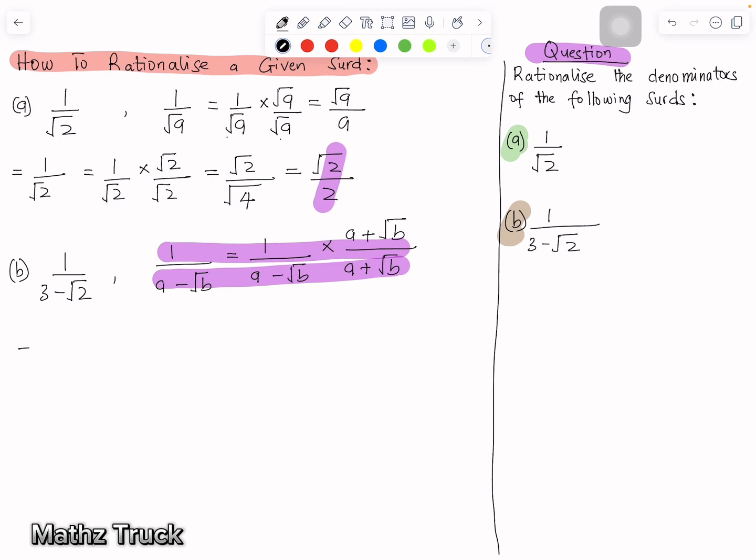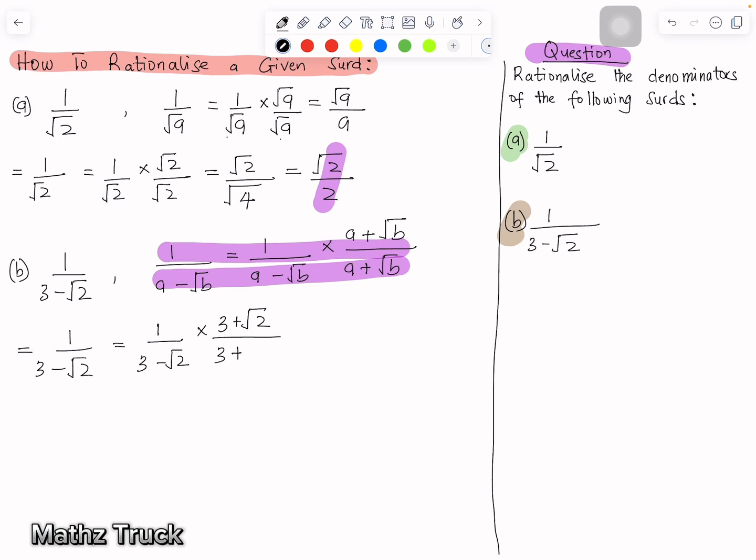Following the principle, we have 1 over 3 minus root 2 is going to be 1 over 3 minus root 2 multiplying the numerator and the denominator by 3 plus root 2, which is going to be positive.